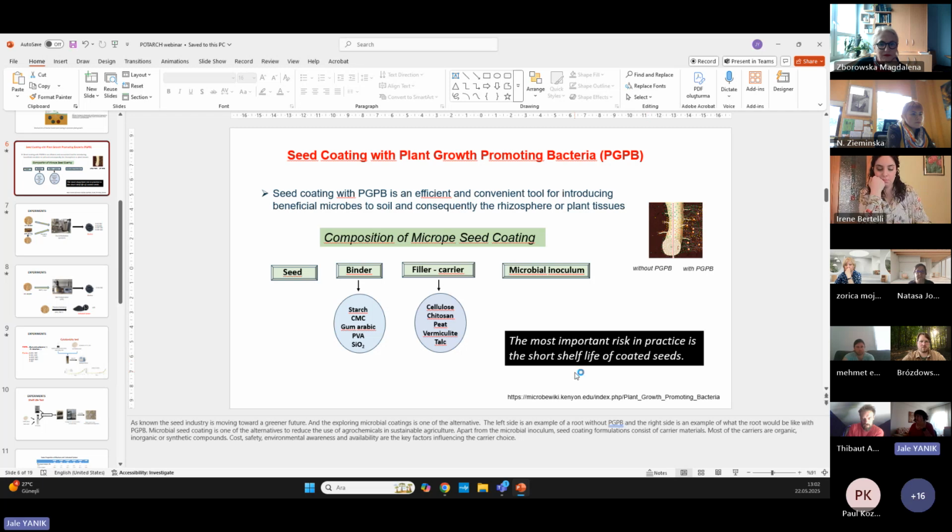We wanted to use the biochar as carriers for a longer shelf life. But the correlation between properties of biochar and the shelf life is not clear. Explanation is very difficult because each bacteria has its own properties.